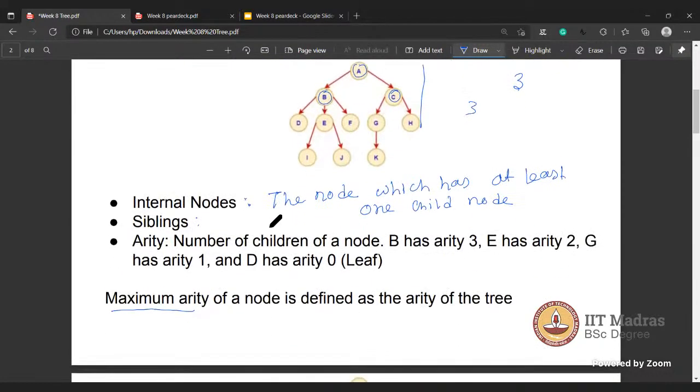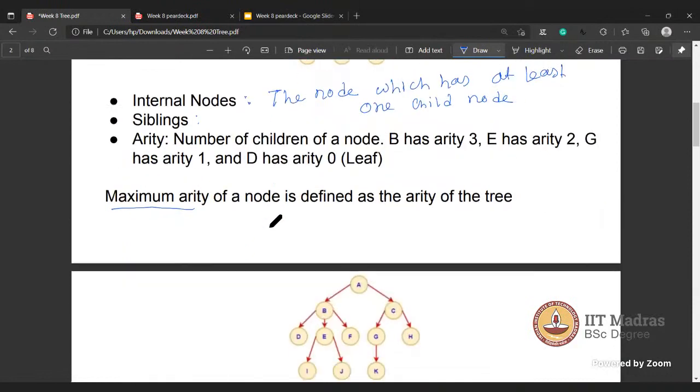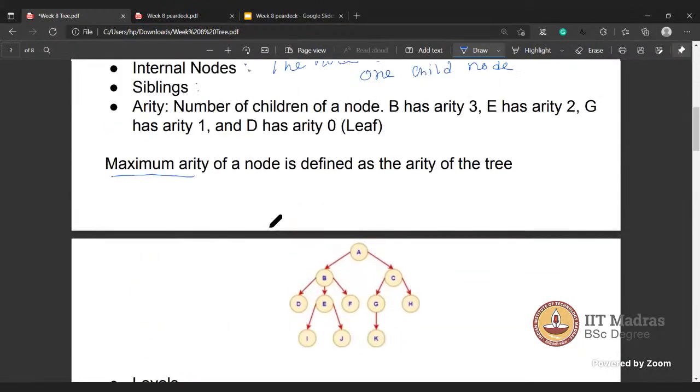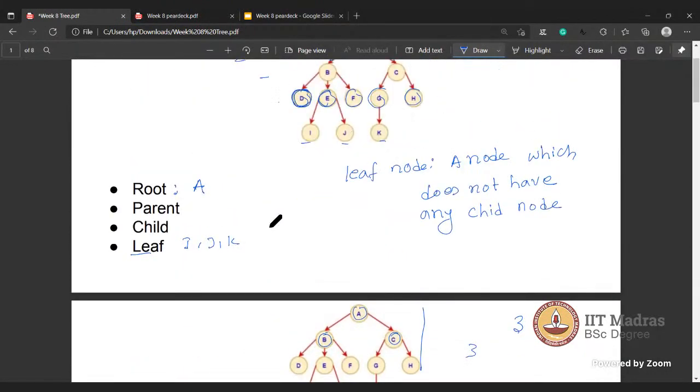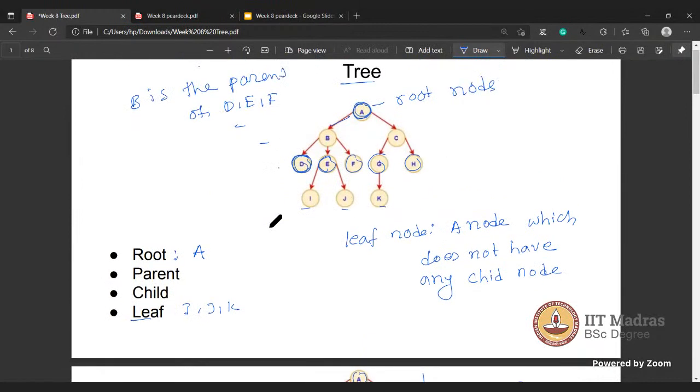Okay. So B is not an internal node? Yeah, B is also internal. Okay.